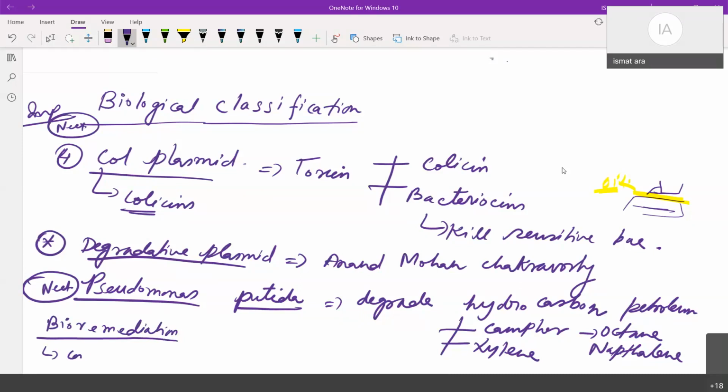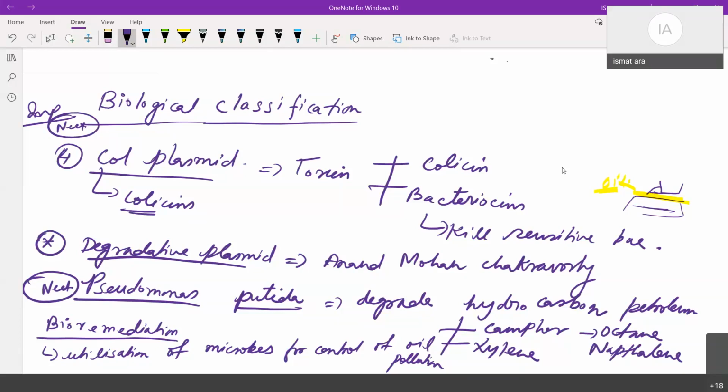Bioremediation means, students, utilization of microbes for control of oil pollution. This technique is called bioremediation. So this degradative plasmid plays a vital role in bioremediation.